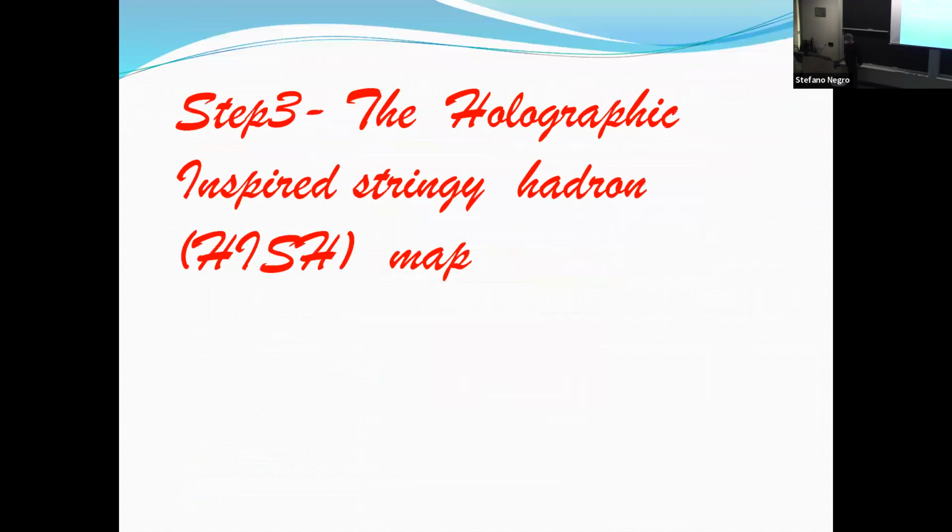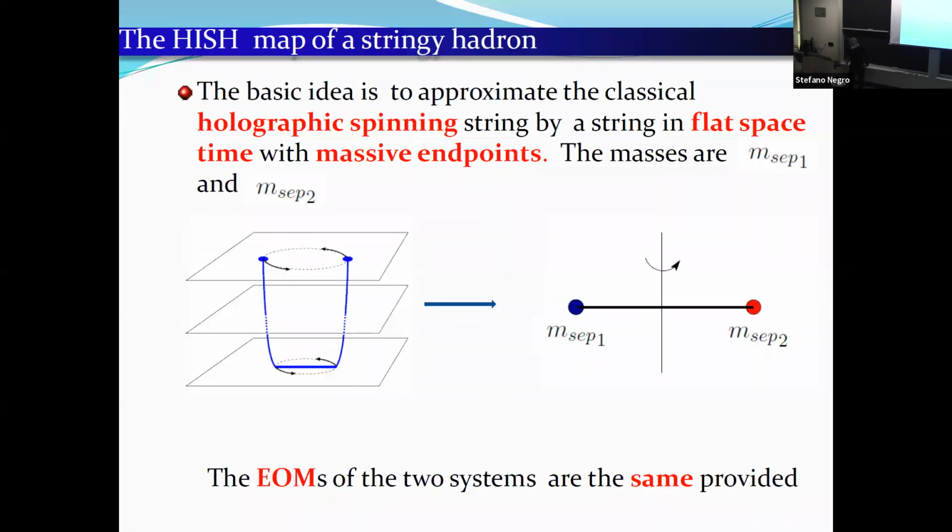Okay, and now we come to the heart of the story, the main part, and this is the map to flat four dimensions. If one looks at the equations of motion in this higher dimensional space, there will be an equation for the segments, the vertical ones and the horizontal ones.